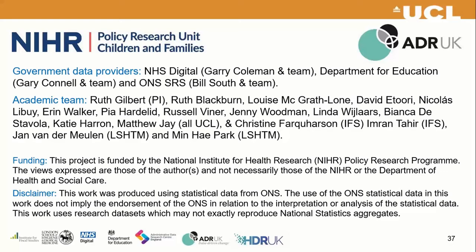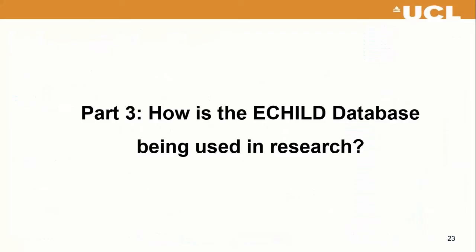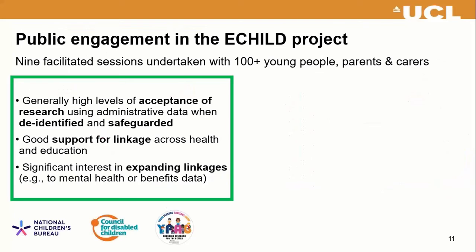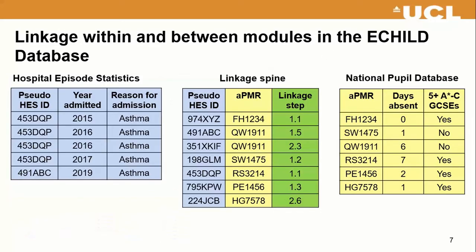And just to say that because of the way the looked after data was collected between 98 and 2003, it was only collected for a 1/3 sample. So although we have all of the data in the ECHILD database, it wasn't collected, and therefore isn't available for 2/3 of that population at that point in time.